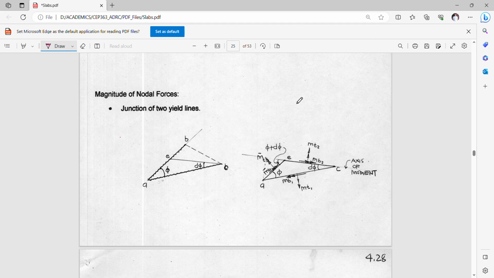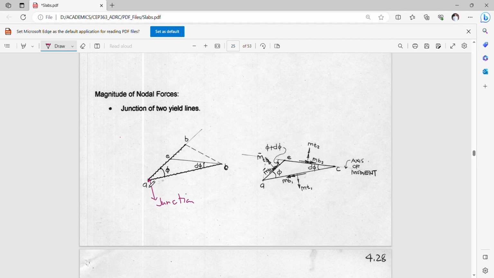And we need to first deal with the simplest scenario wherein we are to encounter two yield lines intersecting at a common point, and we call this the junction. No? So this is now the junction between two lines.